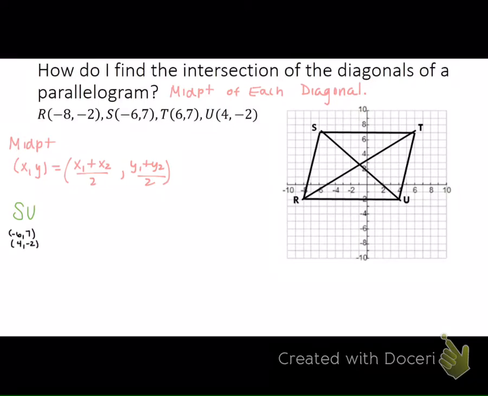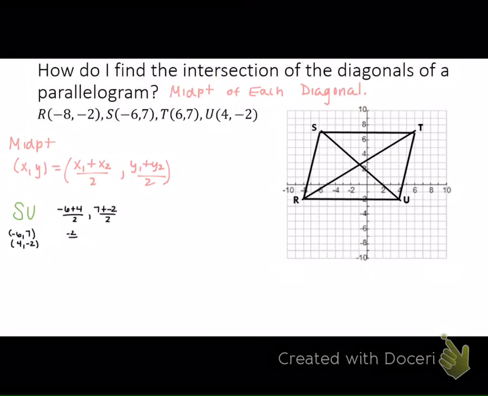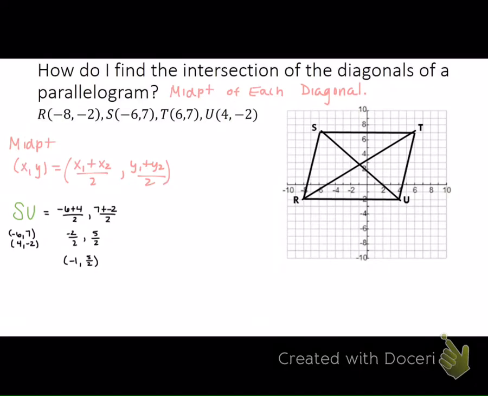We add the x's together and divide by 2, and add the y's together and divide by 2. So it is at -1, 5/2. So that is the midpoint of SU.